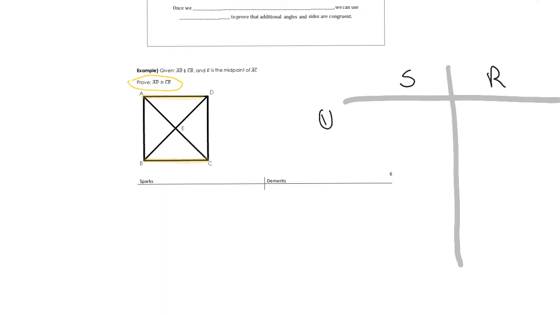So I'm gonna write my statements and reasons. And then 1, you write down your given. So let's write this one out. So that's what we're given. So we're just going to prove these two triangles are equal.